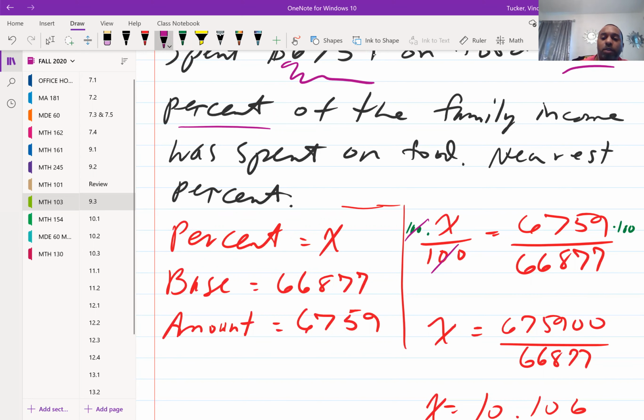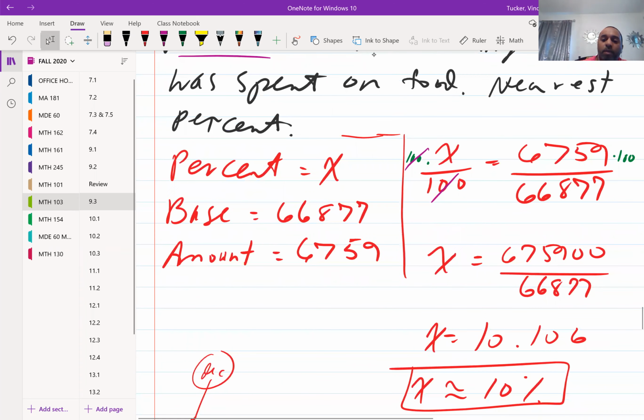The 100s cancel, leaving you with just X on the left. And 6759 times 100 is 675,900 right here. Divide that out, maybe 10.106. And that's just 10%, rounded to the nearest percent.